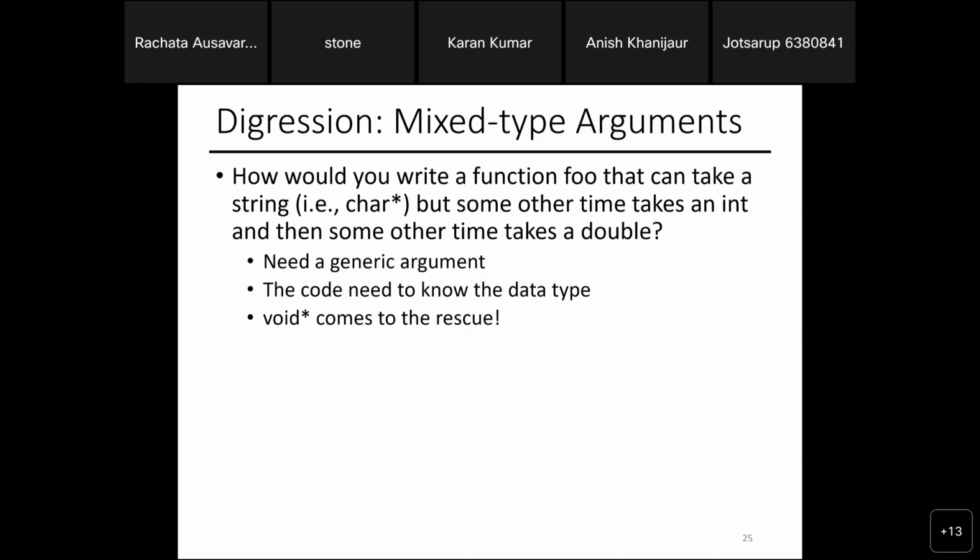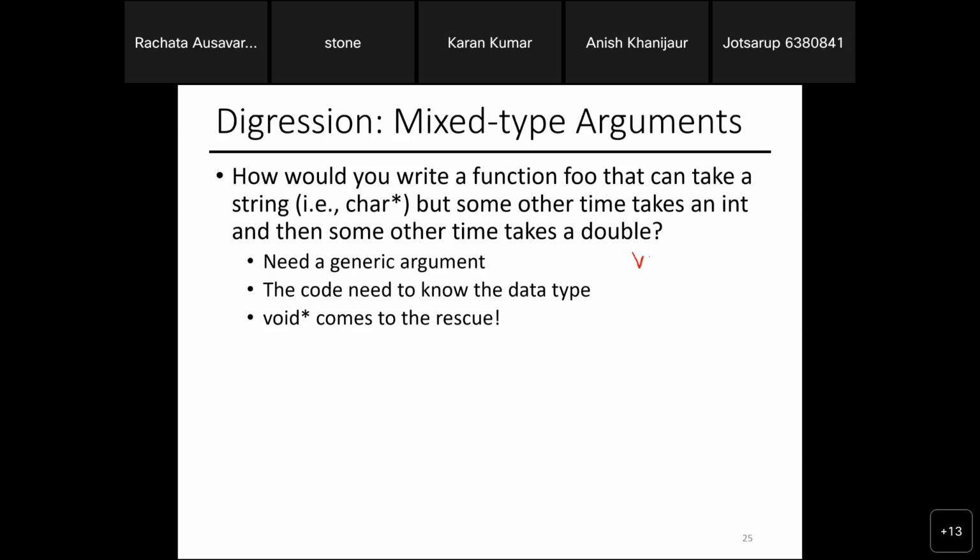Void star. What is void in C? Nothing. Void star forces that nothing to be a pointer, right? It is a pointer that can point to a valid location, but I'm not telling what the type is yet. Now how can I read a string out of the void star?